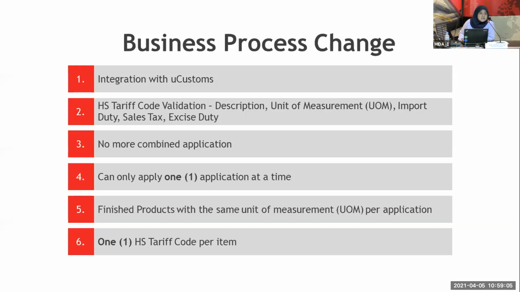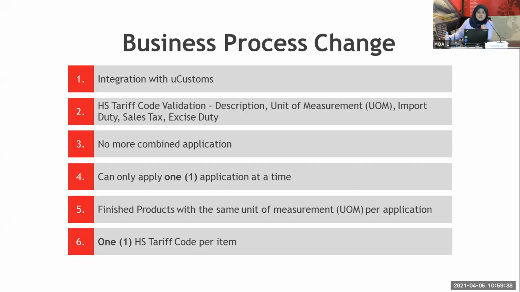Okay. Sixth business process change is one HS tariff code per item. This is a major change as compared to the JPC Online, the previous raw material application. Previously, when companies applied, they would normally key in multiple HS codes per item, separated by commas.